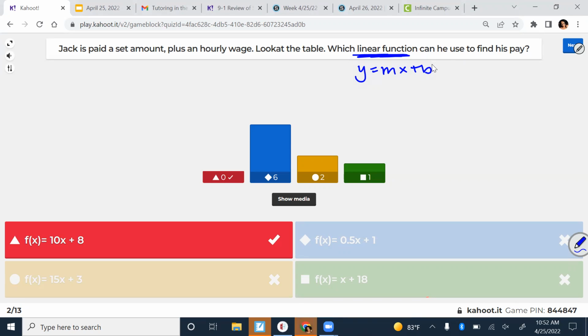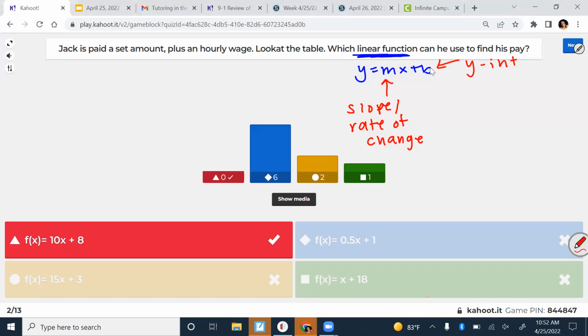So basically, I need to be able to find a number to represent m. What does m stand for? Slope. I'm also going to write rate of change because they will use that phrase as well. So be comfortable with both. M is your slope / rate of change. B is your what? Y-intercept.